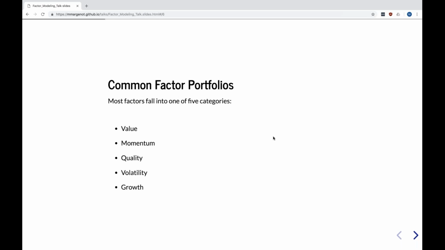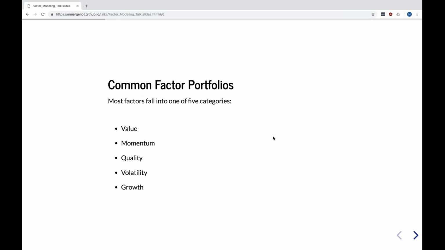Quality tries to get at a lot of fundamental based statistics, trying to find and identify securities that are high quality or low quality and going long and short on those respectively. Volatility is a little bit weirder. This tries to get at the essence of volatility, and whether we're investing in a low volatility factor or a high volatility factor kind of depends on the market regime or our particular risk constraints. That really depends on what you're trying to do, but trying to get at that essence of volatility.